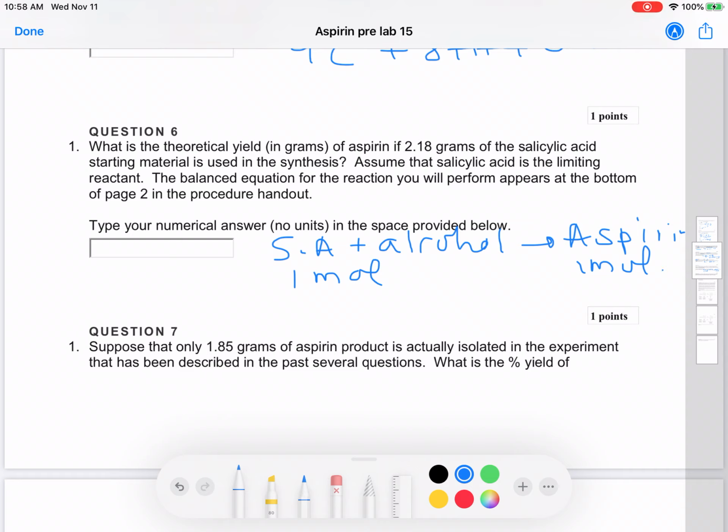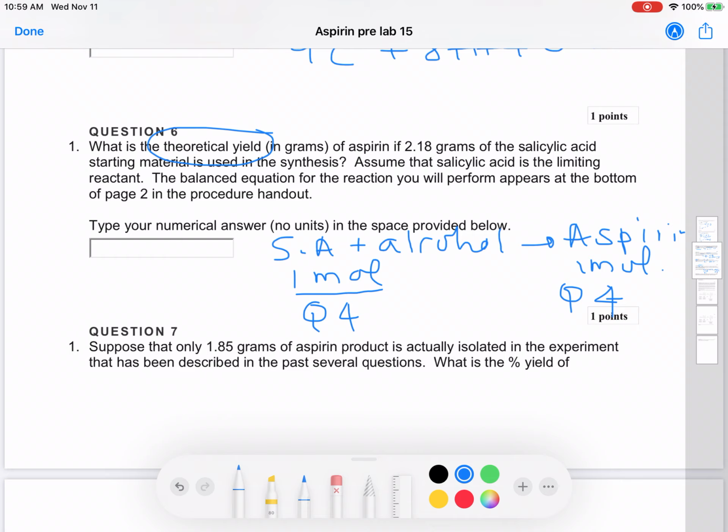So similarly, we found the number of moles of salicylic acid in question number 4. And the same number of moles would be the aspirin that you are going to make. Question number 4 is where you found the number of moles, so the answer is the same number of moles for aspirin. Now it is asking what's the theoretical yield.